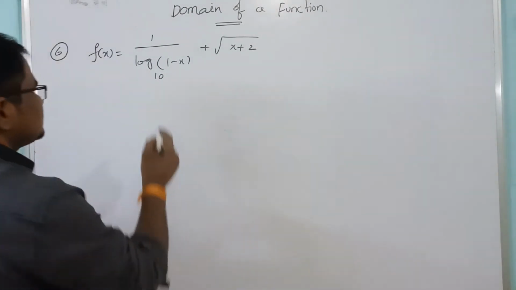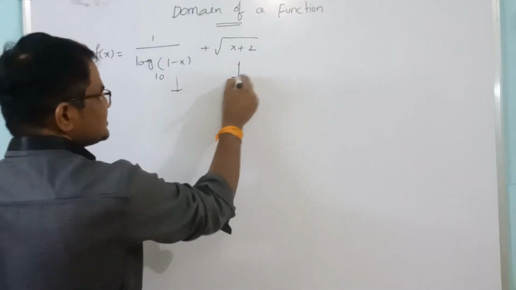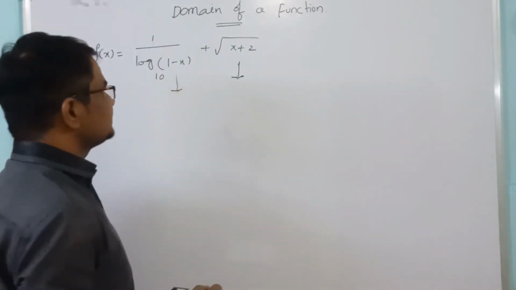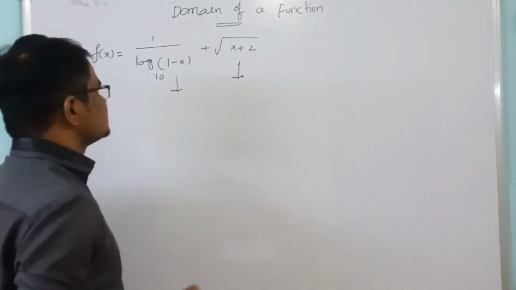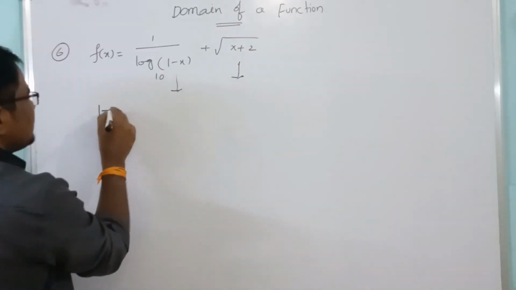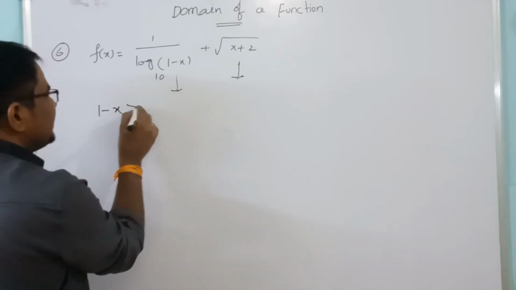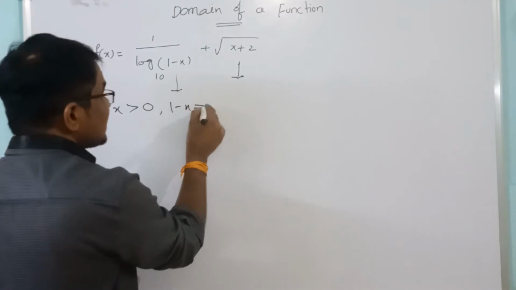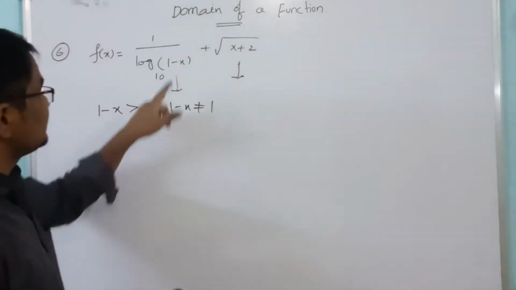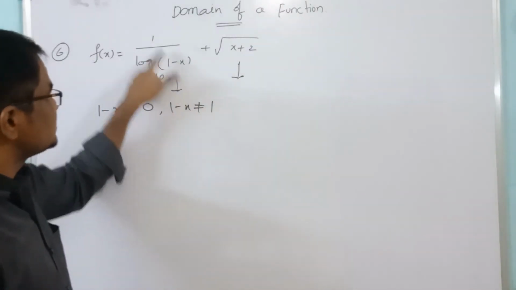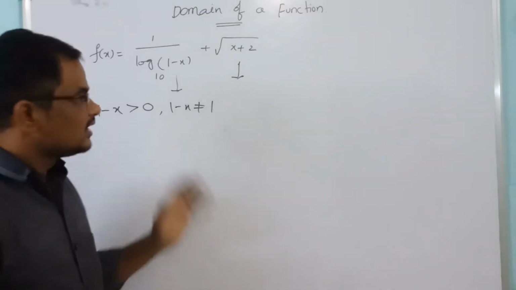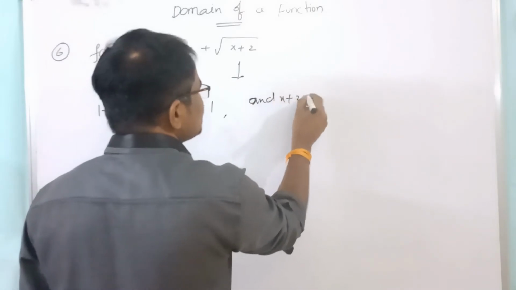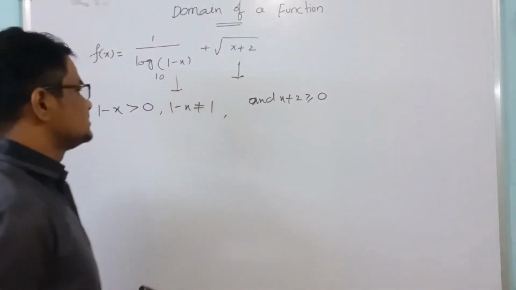Okay? See the sixth problem. In this one, when it exists, once you observe, 1 by f of x form is there and log of 1 minus x is there. We know that 1 minus x should be greater than 0 and 1 minus x not equal to 1, because if you take it as 1, log 1 is 0, 1 by 0 is not defined, and x plus 2 greater than or equal to 0.